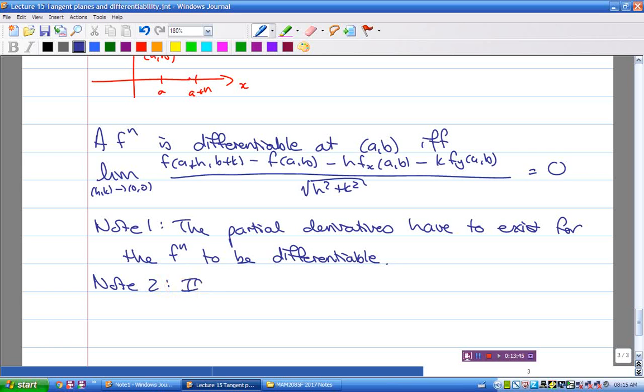If star, let me just put a star next to it, if star tends to 0, well that's a quotient expression, right? There's a thing at the top and a thing at the bottom. In order for something that's framed as a quotient to tend to 0, the numerator has to tend to 0.